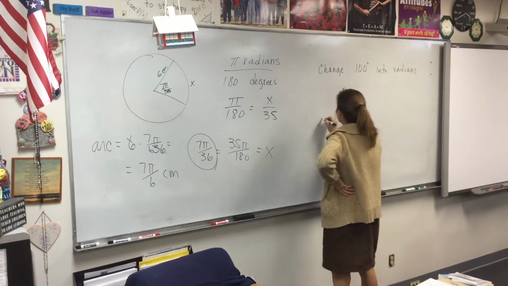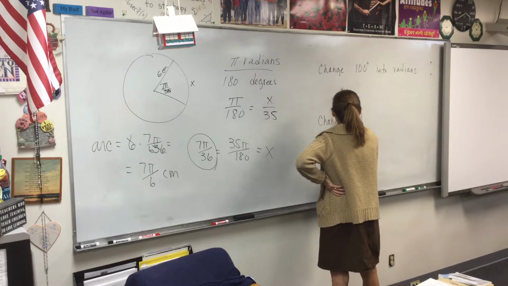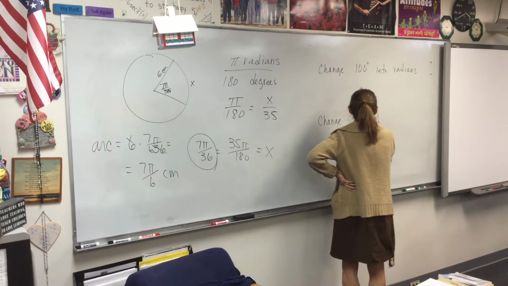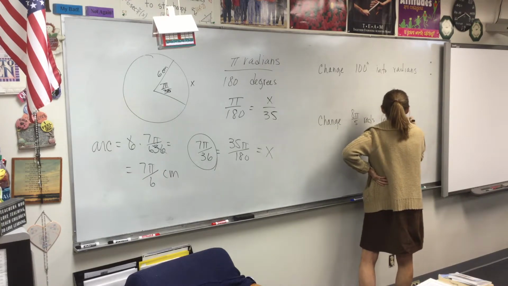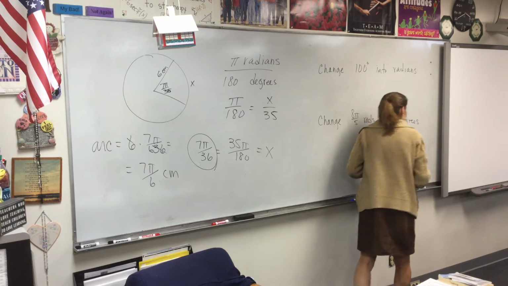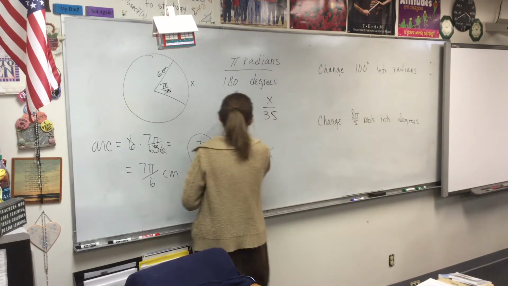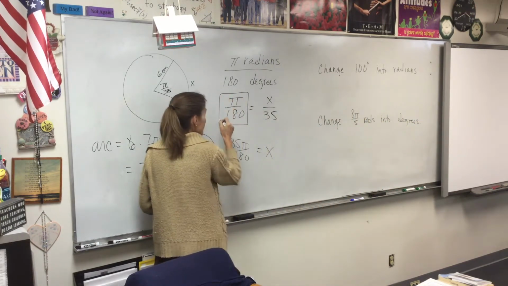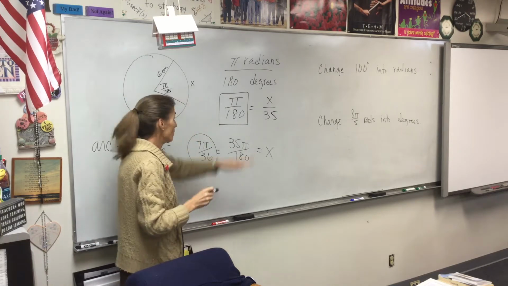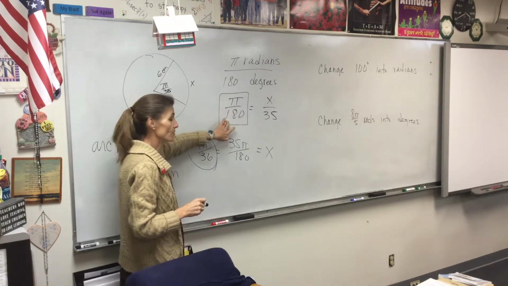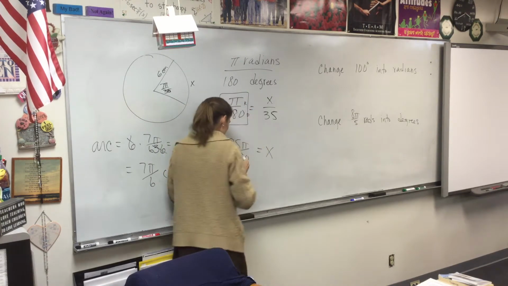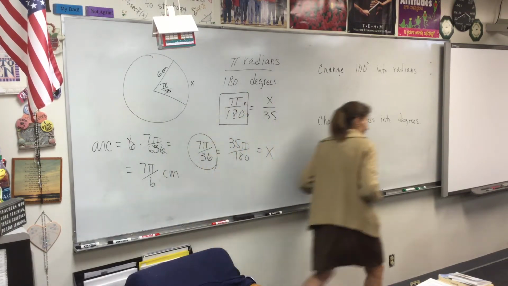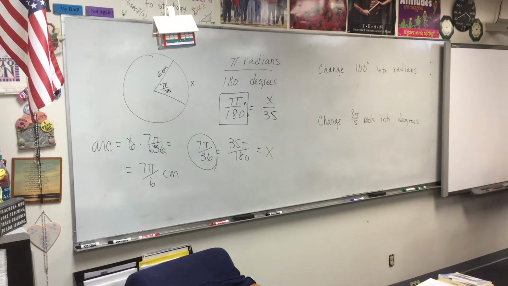And then let's see if you can change 8 pi over 5 radians into degrees. Give those a shot. Remember, this is the fraction you're going to start with every time: pi radians, 180 degrees. Go ahead and work on that for 5 to 10 minutes.